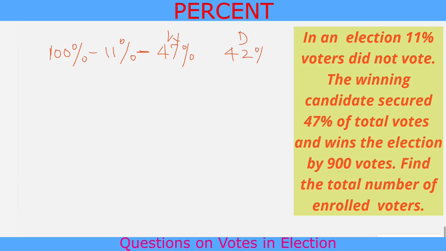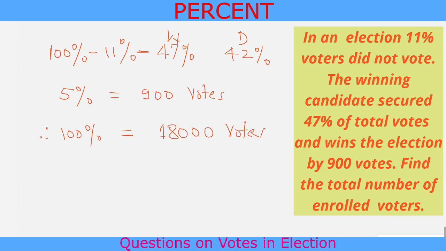So 42% votes the defeated candidate gets, and the difference between the winner and the defeated candidate is 5%, and 5% is equal to 900 votes because the winner wins by the margin of 900 votes. Therefore if 5% is 900, then 100% will be 20 times of 900 because 100 is 20 times of 5. So 20 times 900 is 18,000. So the total number of votes is 18,000 votes.